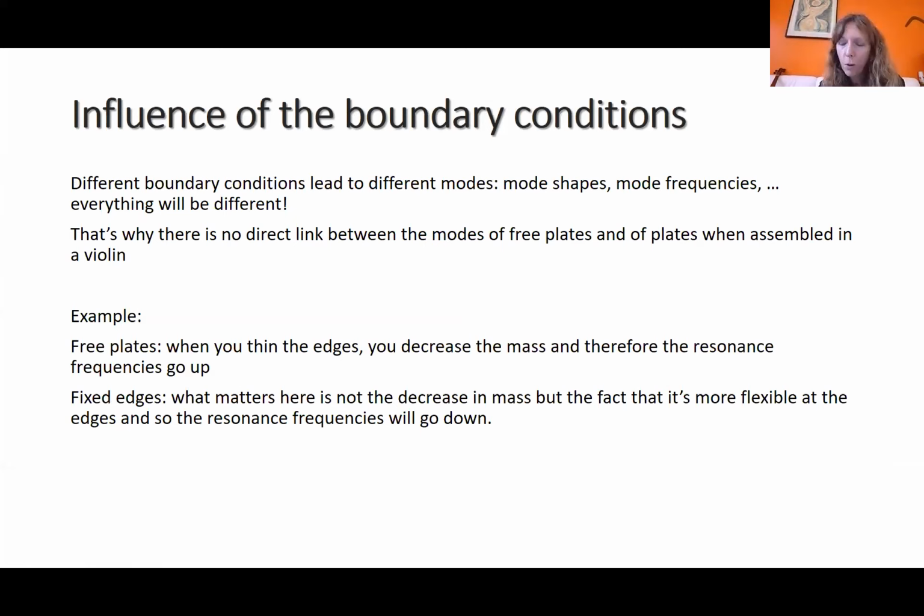So he goes from the free plates and then he adds the edges progressively more and more until it's an assembled violin, and then you can follow what's happening. So with the free plates, when you thin the edges, you decrease the mass and therefore the resonance frequencies go up. But with fixed edges, what matters here is not the decrease in mass, but the fact that it's more flexible at the edges. And so the resonance frequencies will go down.